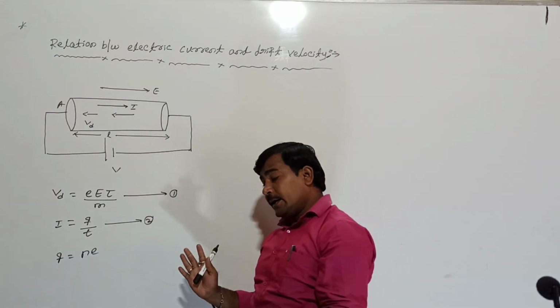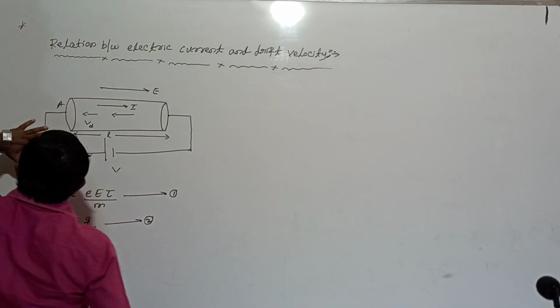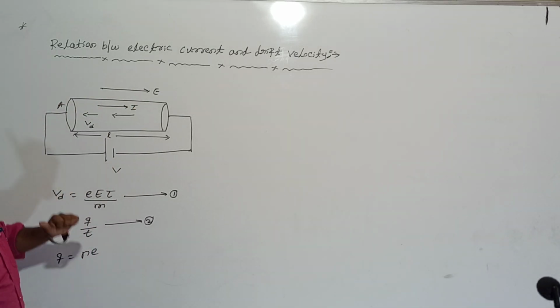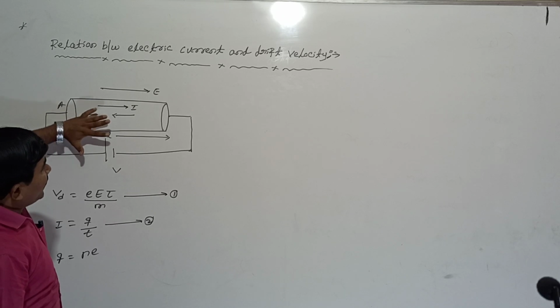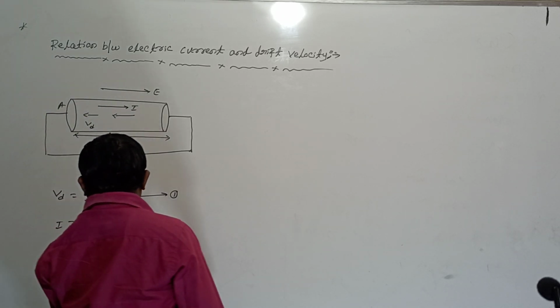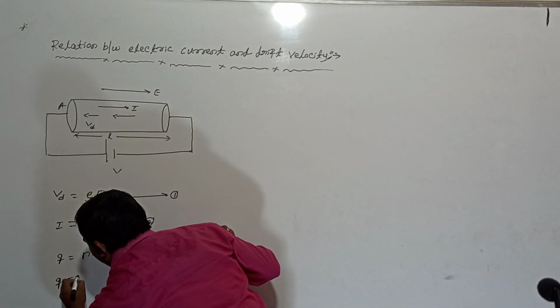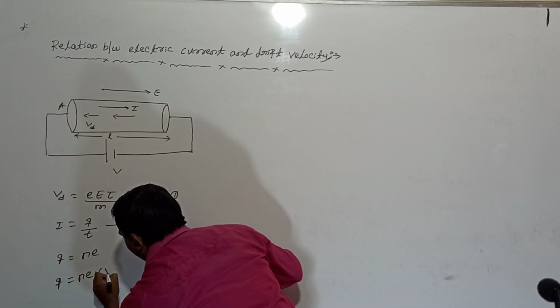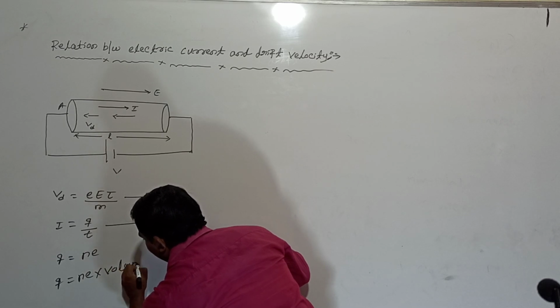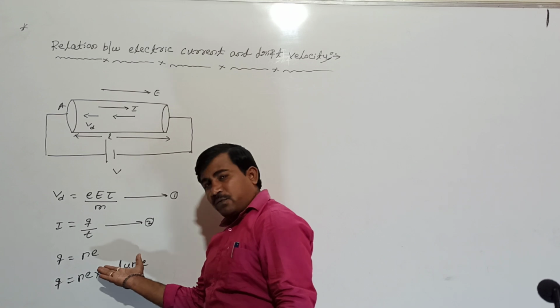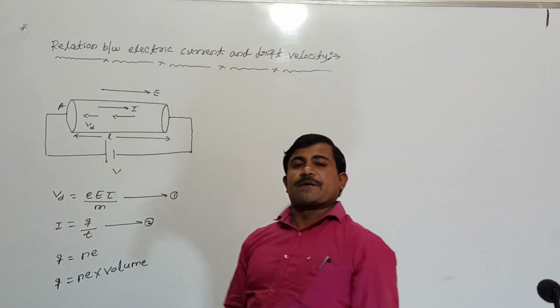The number of charges flowing in a given volume of the conductor: in a given volume, how many charges are present? In a given volume, this much number of charges are present, I mean, the charge of one electron into the number of electrons in the given volume.